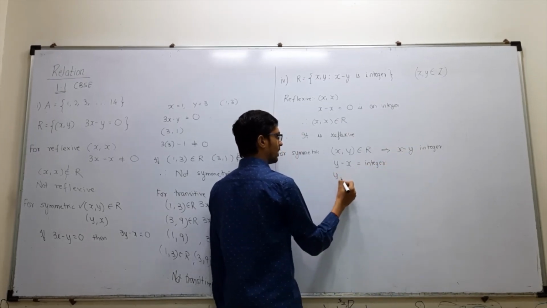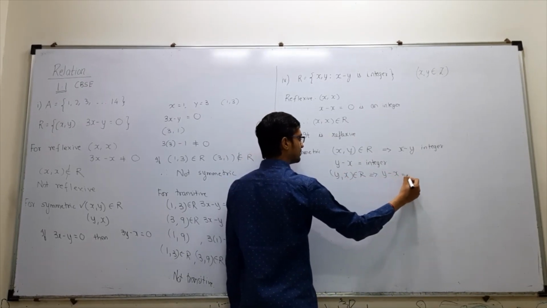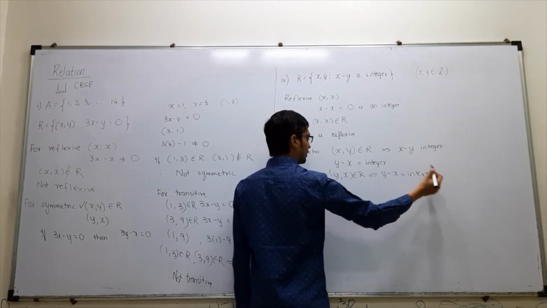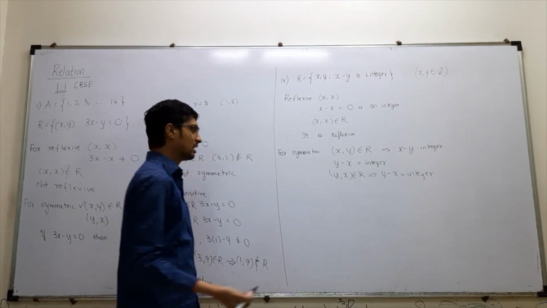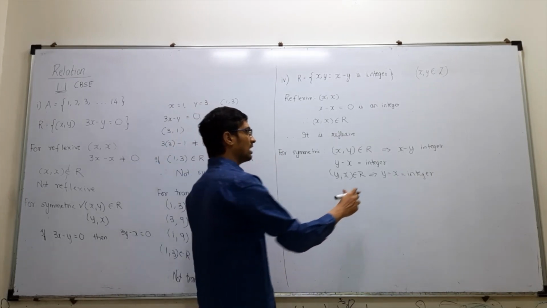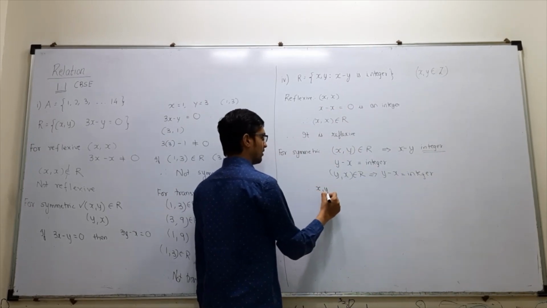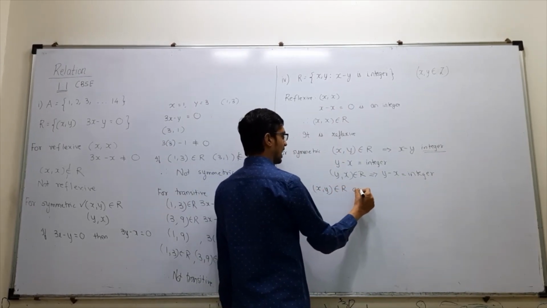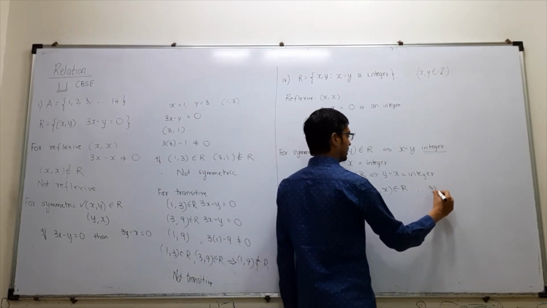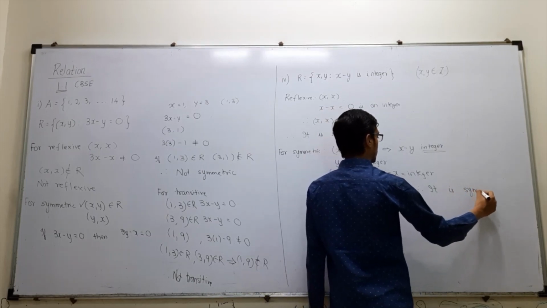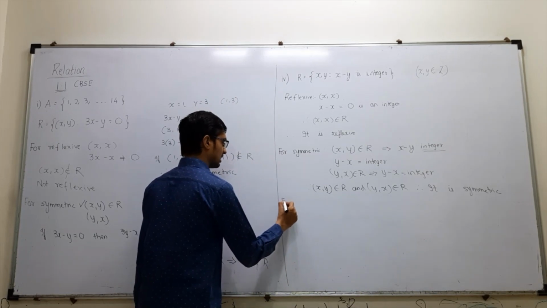That is, y, x belongs to R implies that y minus x is also an integer. 3 minus 5, and 5 minus 3 is 2, both are integers. We are not depending upon the answer, because we only need an integer. So since x, y belongs to R and also y, x belongs to R, therefore it is symmetric.